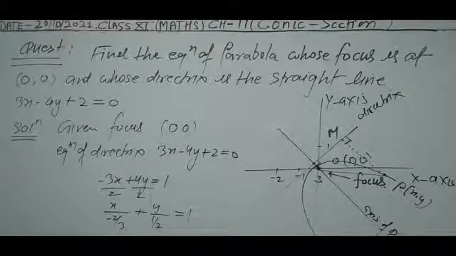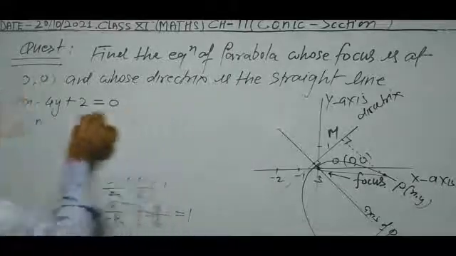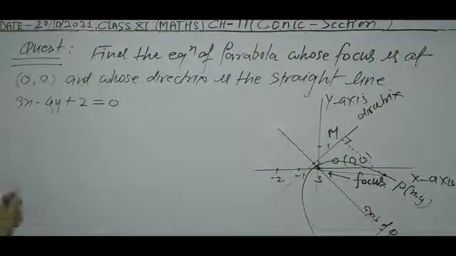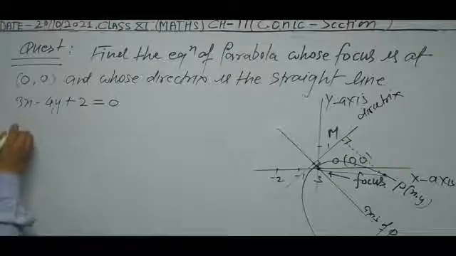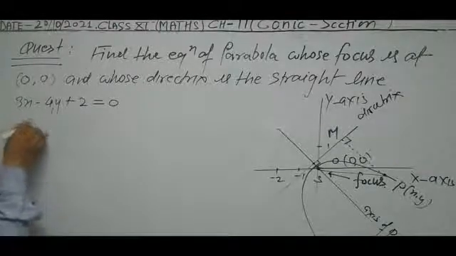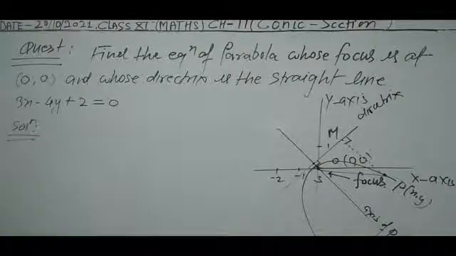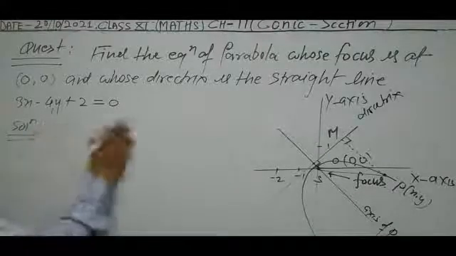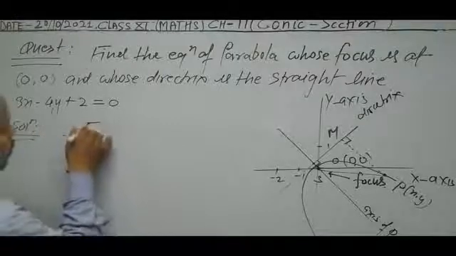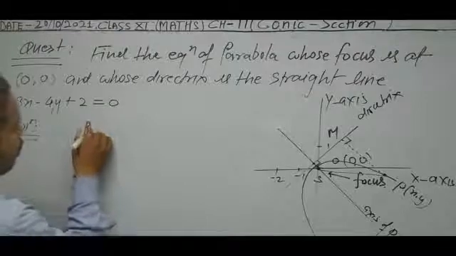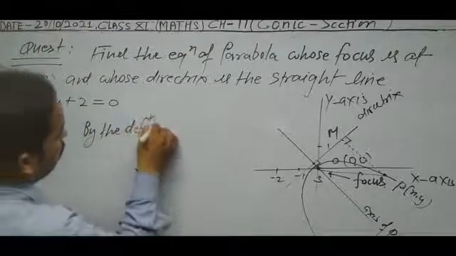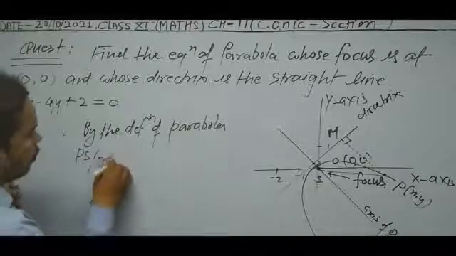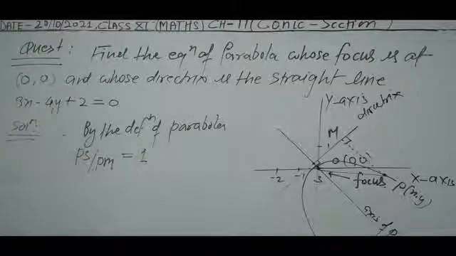by the definition of parabola, PS upon PM is equal to 1. This is e, you know.